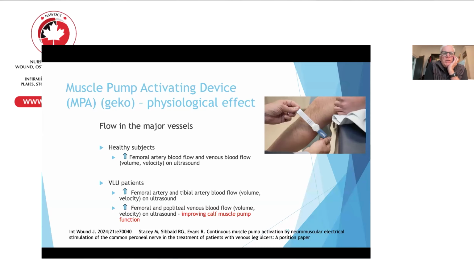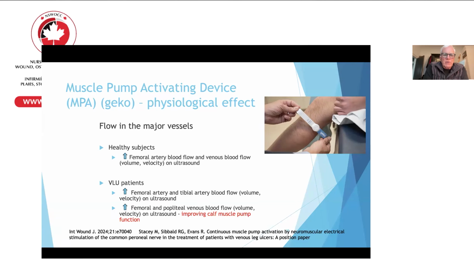So what does it do physiologically? Well, again, there's a good body of evidence that this improves flow in both the arteries and the veins in healthy subjects, but also in patients with venous ulcers. And in venous ulcers, as in healthy subjects, that flow volume and flow velocity has been assessed by ultrasound methods.